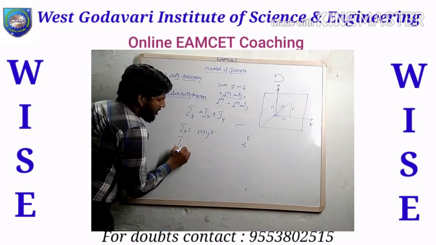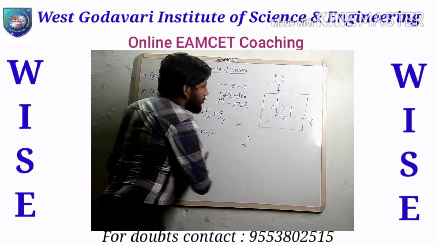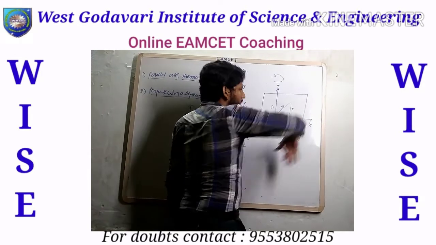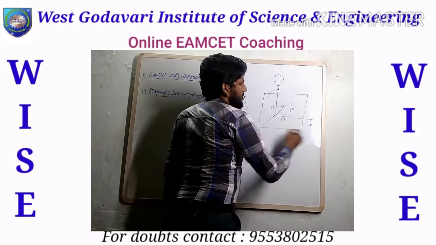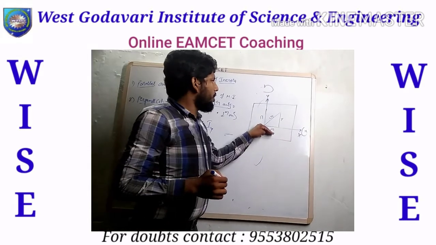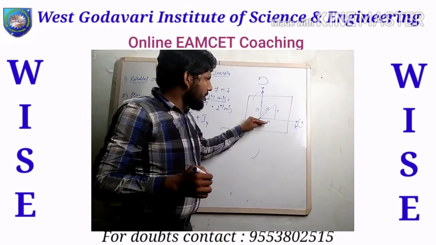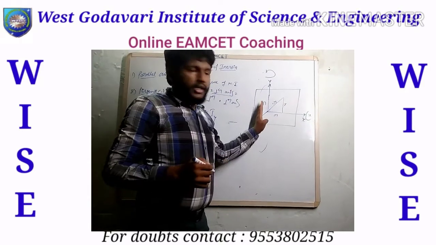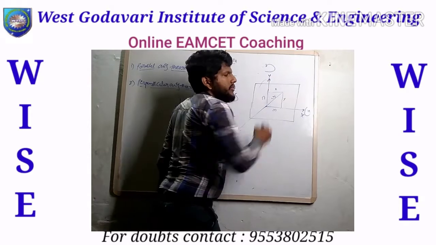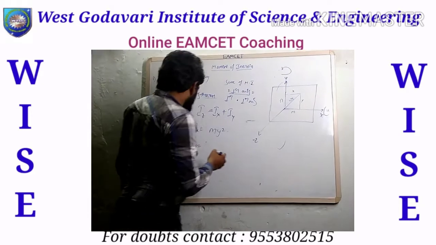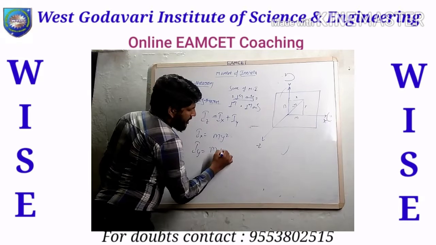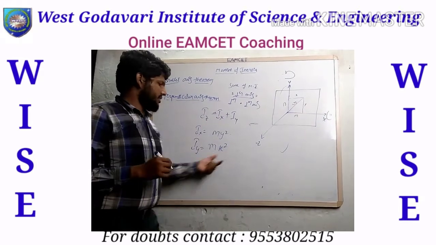So next Iy, here is the y-axis, and it is going to rotate about the x-axis, like this. In that, we have the perpendicular distance which is parallel to x, that is small x, and this one is small y. So now I will write Iy equal to mass into square of the perpendicular distance, mx square.